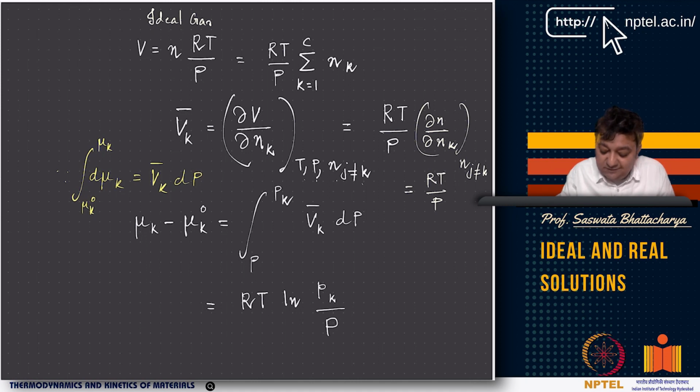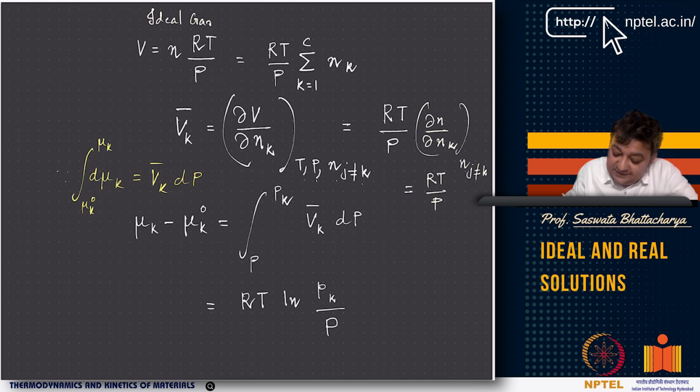P is the total pressure when it was pure, when it is not mixed. When it became mixed, it became the partial pressure Pk, because component K has a mole fraction, and the mole fraction times the total pressure gives the partial pressure. So this equals the integral of Vk bar dP.